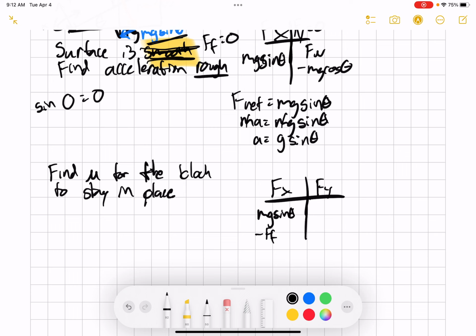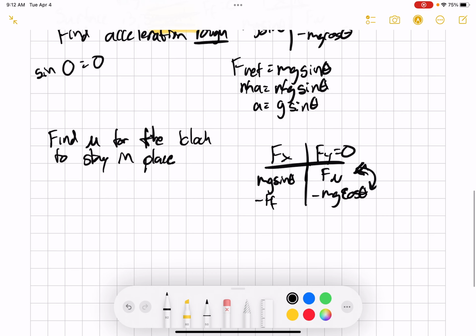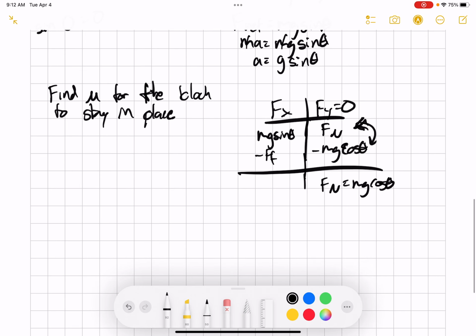In the y part, I have Fn minus mg cosine theta. Fy equals 0, which means these two things must cancel out. If two things cancel out, I have plus minus, that means they are equal to each other. So Fn equals mg cosine theta. In other words, the magnitudes, the amount of Fn and the amount of mg cosine theta must be the same.